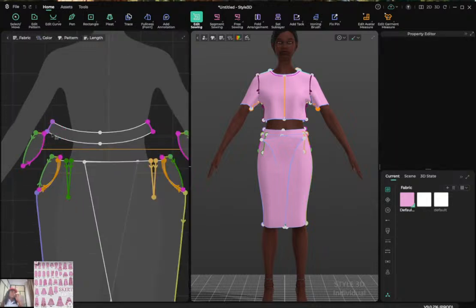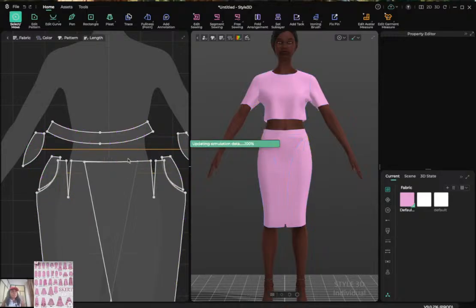Okay, so we've deleted all the sewing, and now let's simulate.